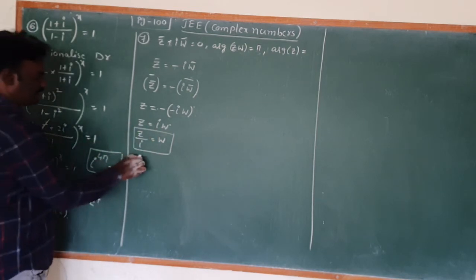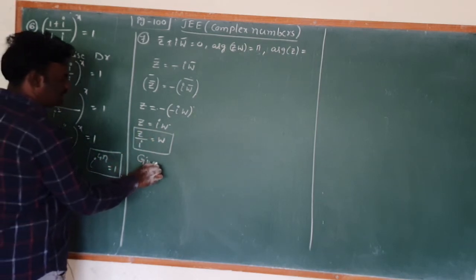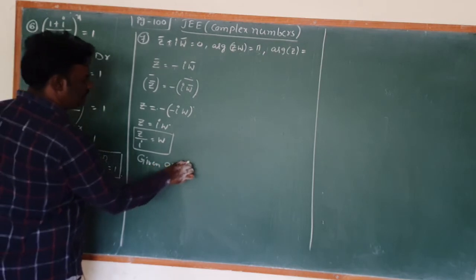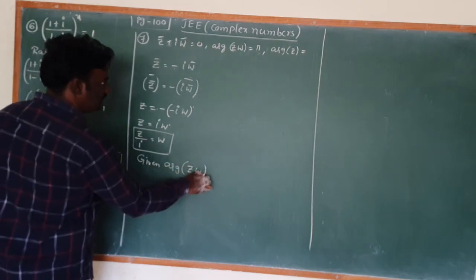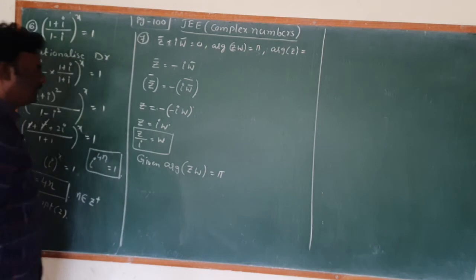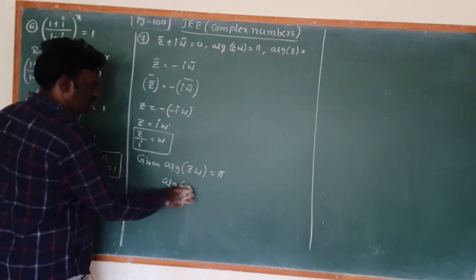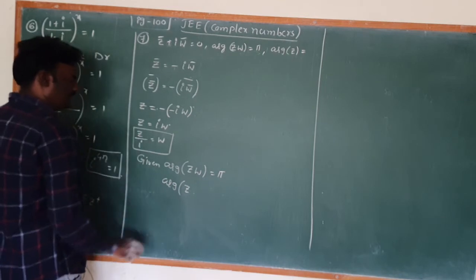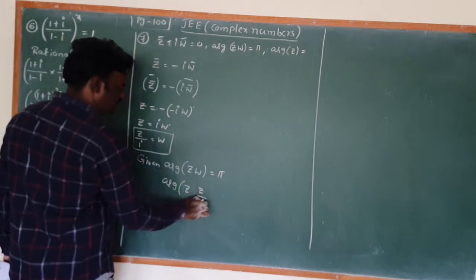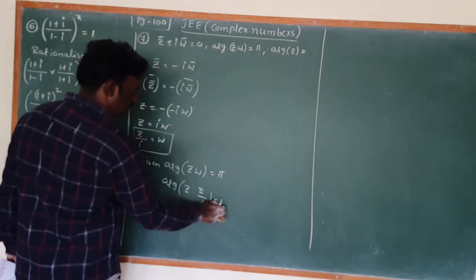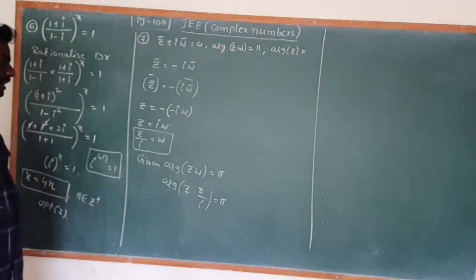Here what is the given condition? The given condition is argument of zw is equal to pi. That equals argument of z into, in place of w what can I write? Z by I is equal to pi. Now what is z into z?